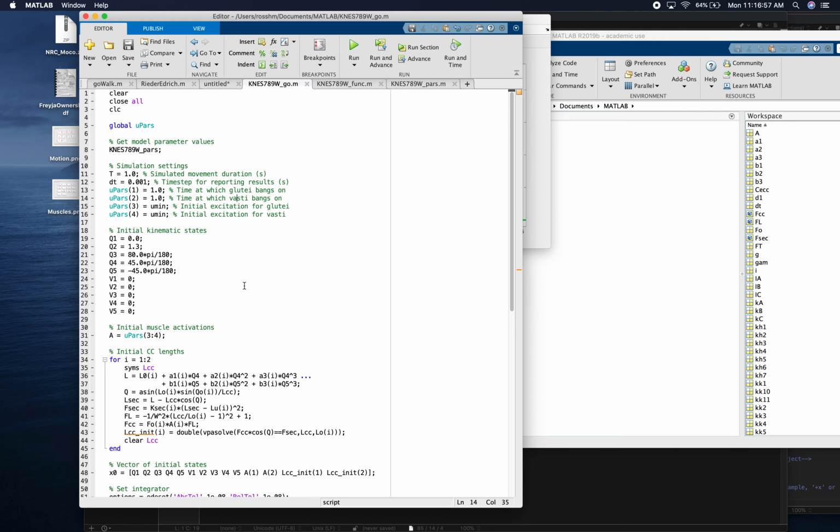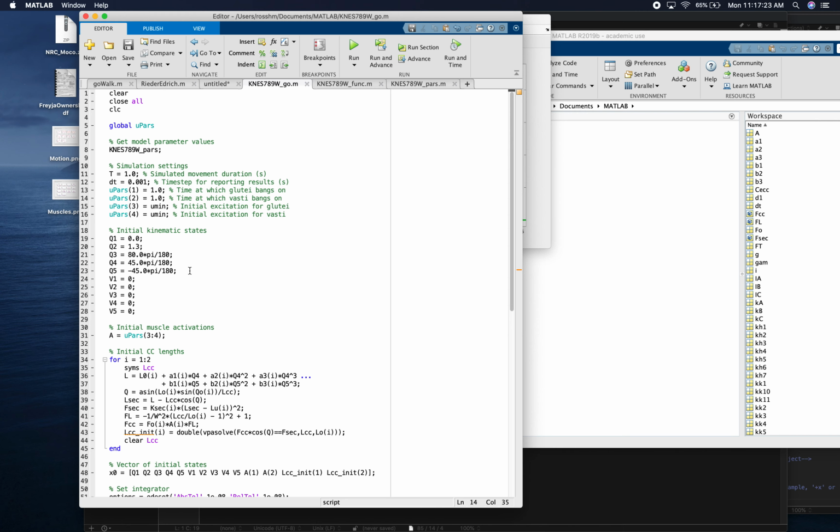Now, the motivation for this is that, if you remember the kind of motion we're getting out of our model now, here I'm going to simulate a fairly contrived case that starts with the model hanging in space with no gravity, and both of our muscles in the model, the glutei hip extensor and the vasti knee extensor, are going to be active to their lowest possible level, to 0.1% activation. So they're going to produce some small moments in the direction of hip extension and knee extension.